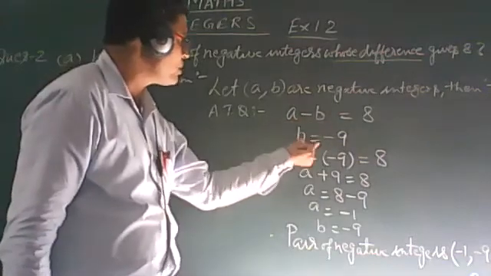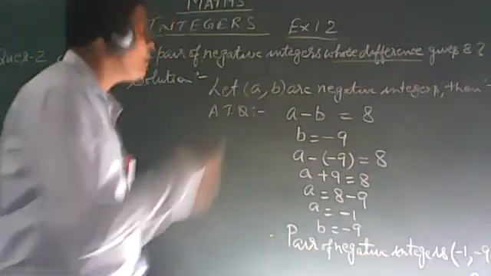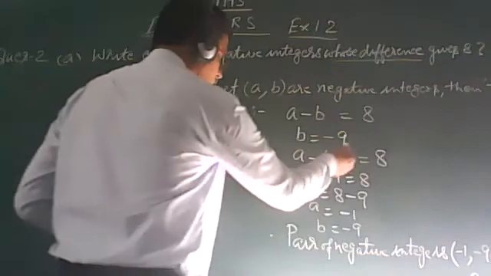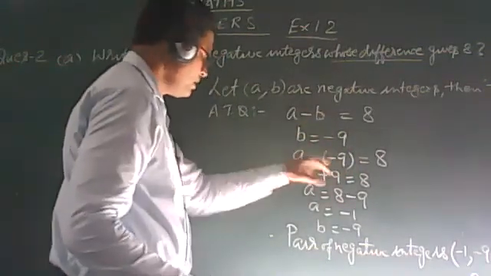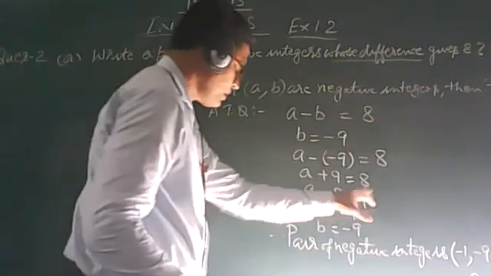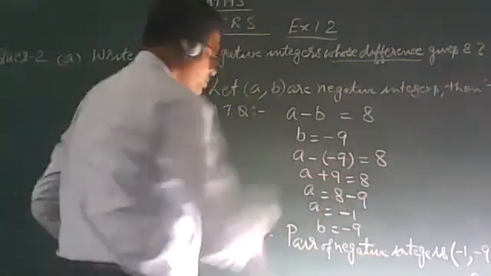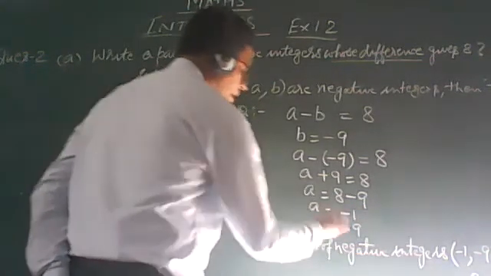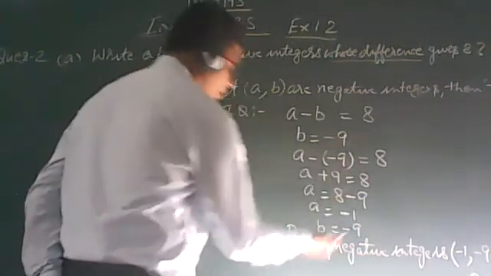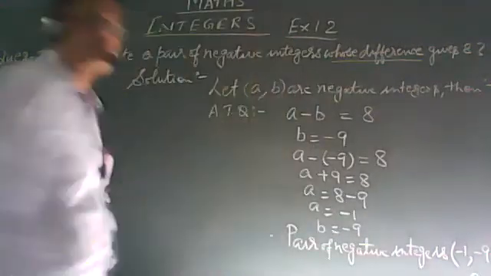Let us assume the negative integer minus 9, and we put it there: minus minus becomes plus, 9 goes to the other side, the sign changes, and A comes minus 1. A is also a negative integer and B is also negative, and that is our answer.